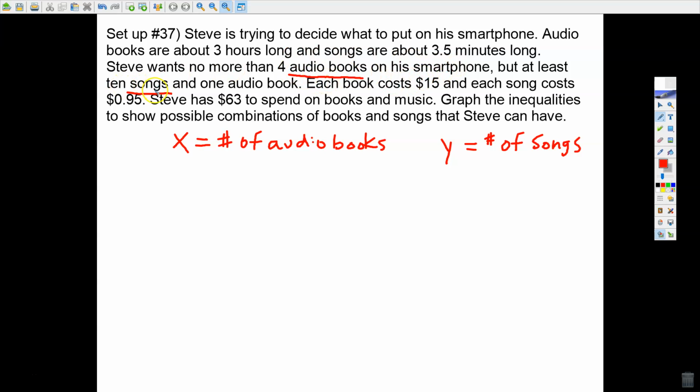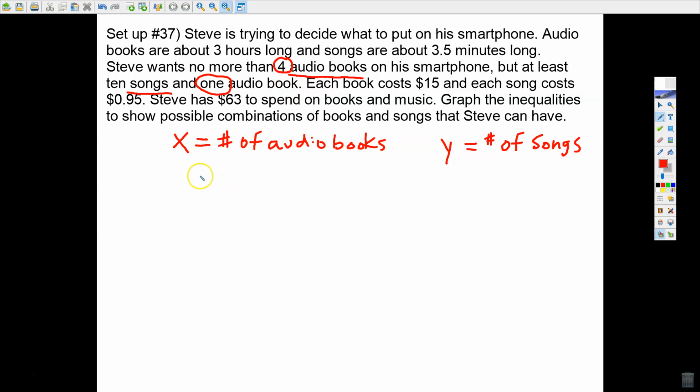of information. So reading on, we're told that Steve wants no more than 4 audiobooks, and the way it's worded a little bit weird, on his smartphone, but at least he wants 10 songs and 1 audiobook. Okay, so since I've let X represent the number of audiobooks, I'm going to take this information. He wants at least 1 audiobook, but not more than 4.